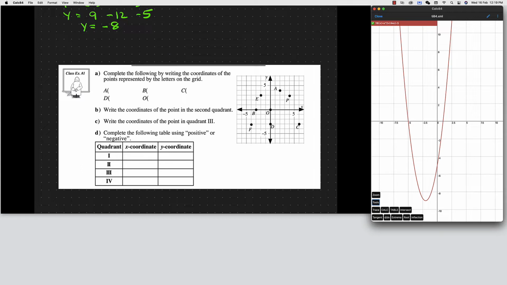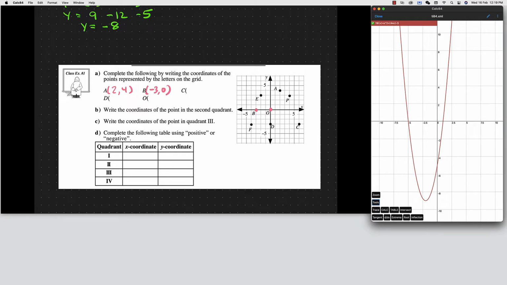Okay, so it just says take a look at point A, which is from the origin, which is right there. It's going over 2 and up 4. So it's going to be 2 in the x, 4 in the y, and make sure that you get those in the correct order. B is right here. In the x, it went negative 3, and in the y, it did not move.